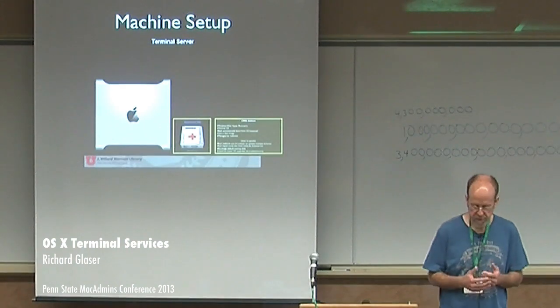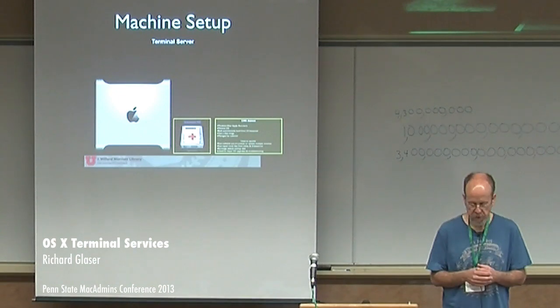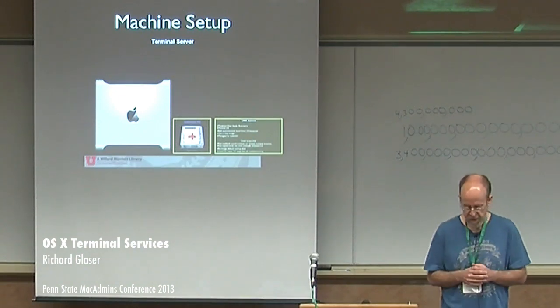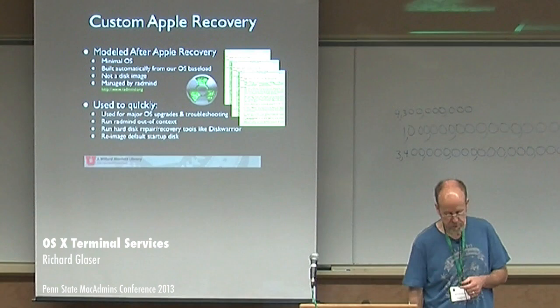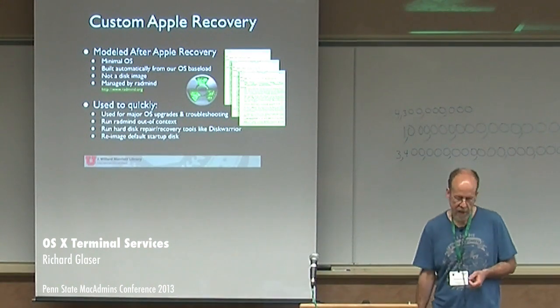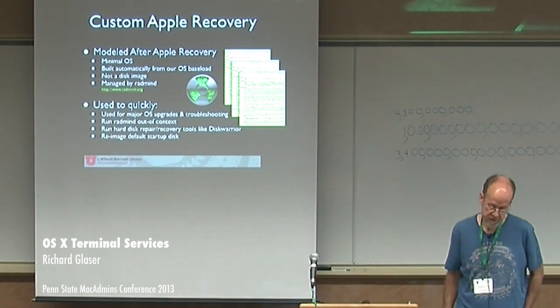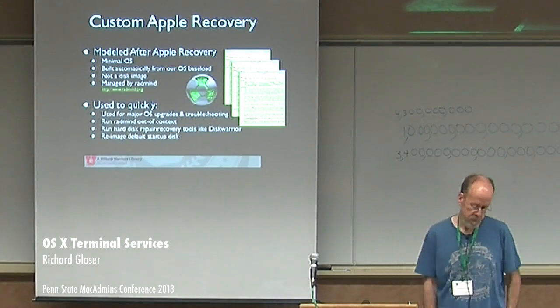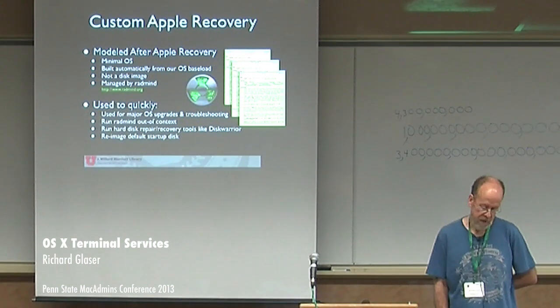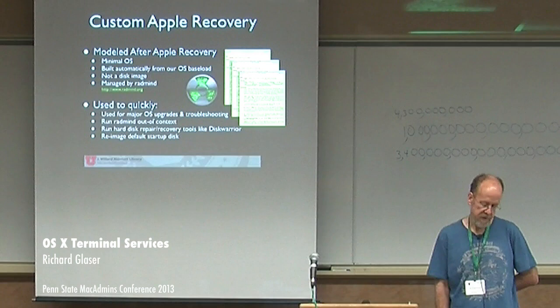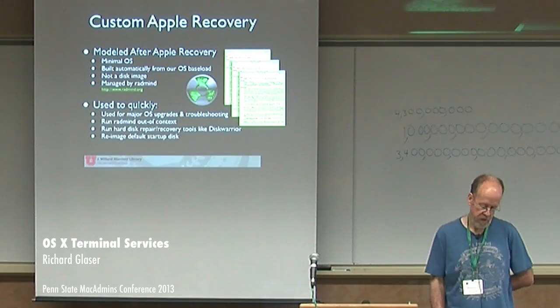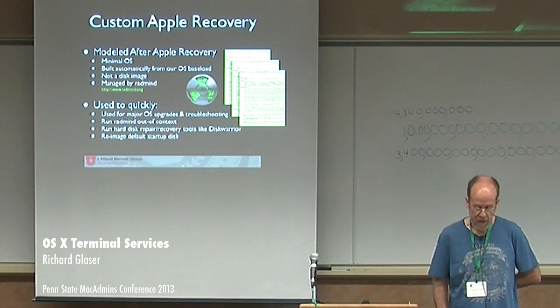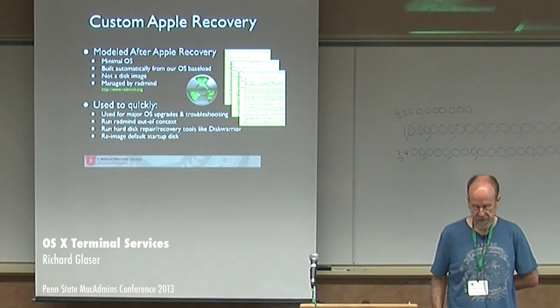We also set up an administration partition we're calling CMS admin. Basically, for this partition, we reverse engineered Apple's recovery partition. We set up a minimal OS built automatically from our OS base load. It's not a disk image. We manage it with RADMind. The functionality is that we can do major OS updates.